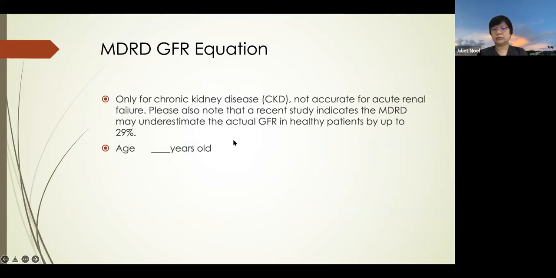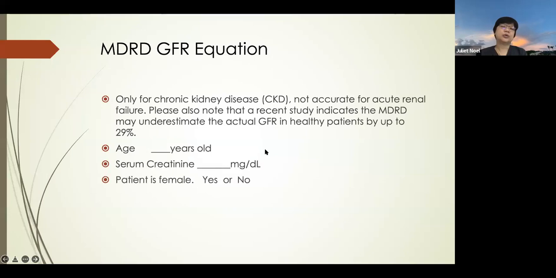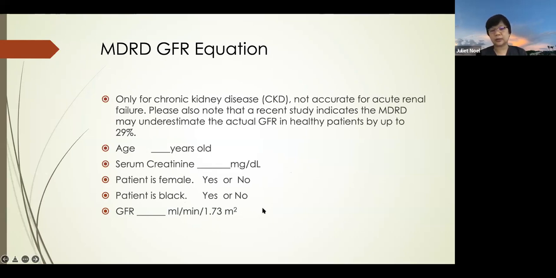So if you're using a medical calculator, this is what you will see: you encode the age, the serum creatinine, the gender of the patient, and the race. Then the GFR will come out. That's ml per 1.73 meters squared. So if the patient is bigger or smaller than that, then you can also compute.